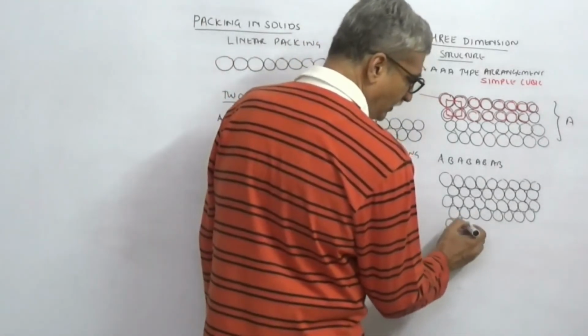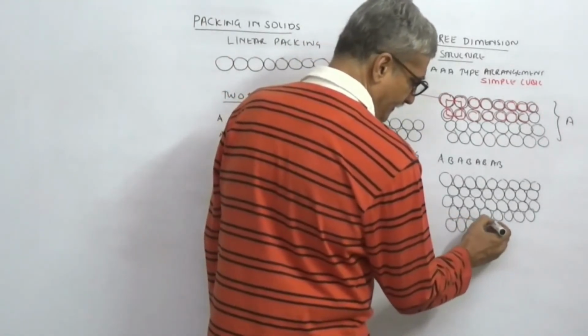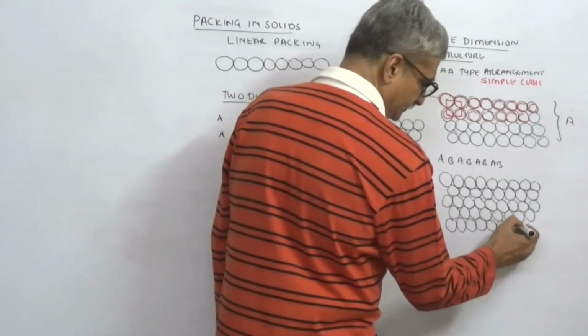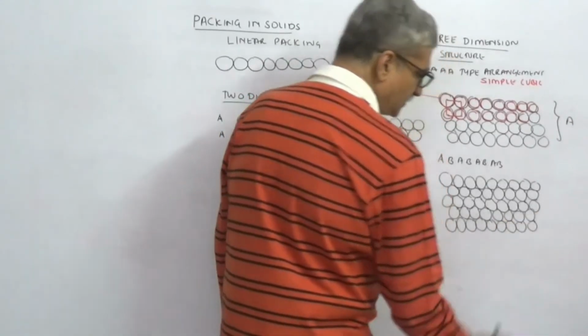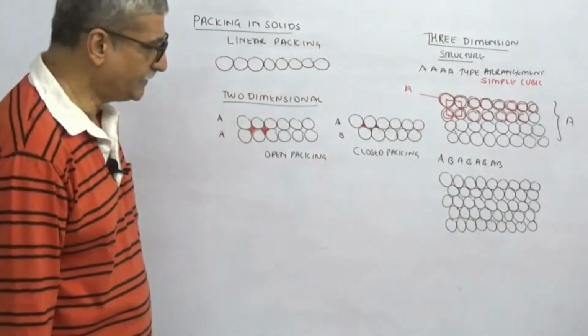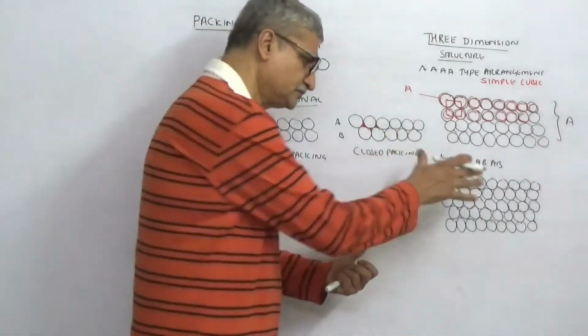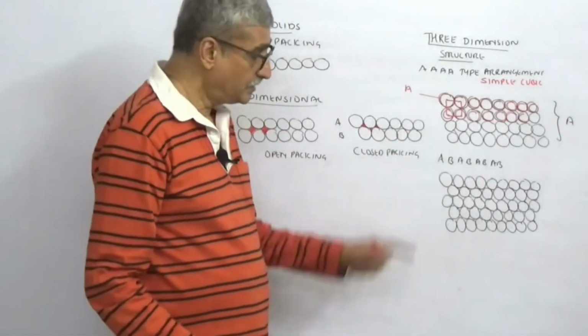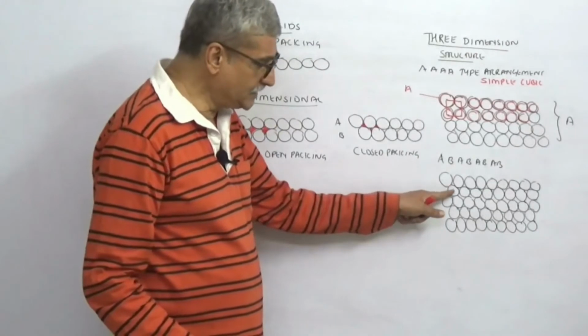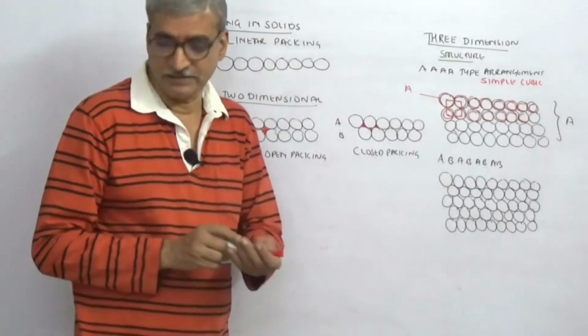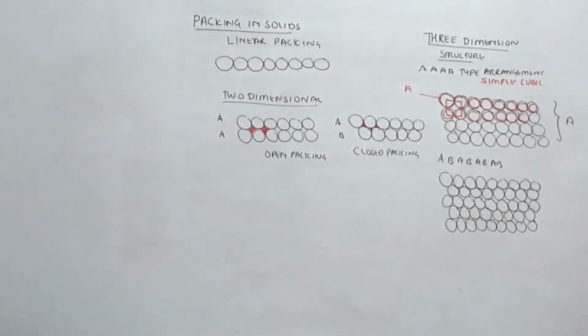I need one more. So you can see in this type, now you'll put one more exactly on this. Like this part will be on this. I'll show you the model so you'll understand better what I'm saying.